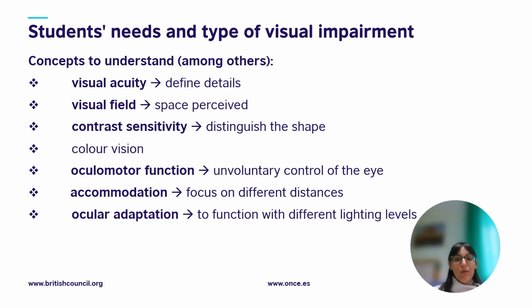And finally, we've got ocular adaptation, which is the ability to function with very different lighting levels. With more or less light, your eye works the same. However, there are people who don't have this ability of adaptation.